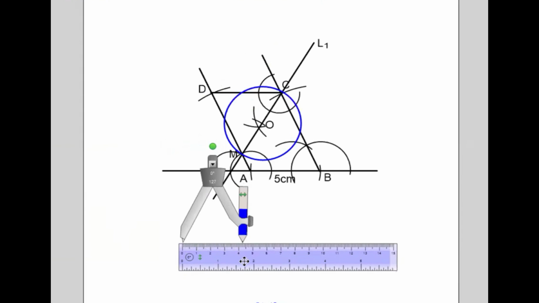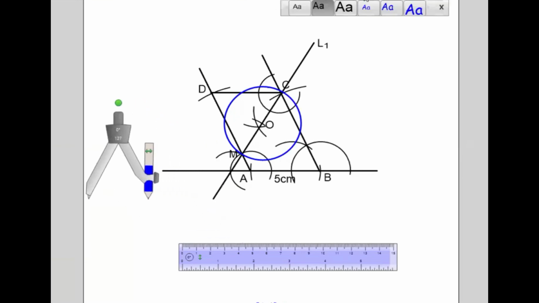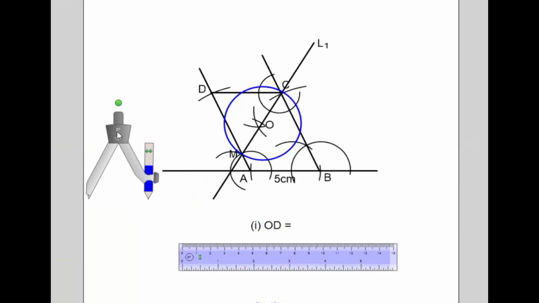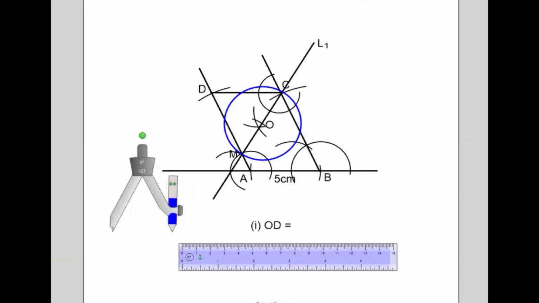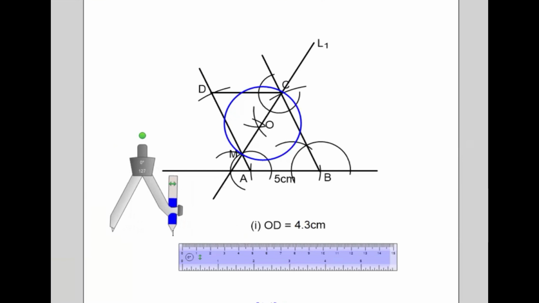OD is approximately 4.3. Then we write the results out and say for I, the length OD is 4.3 centimeter.